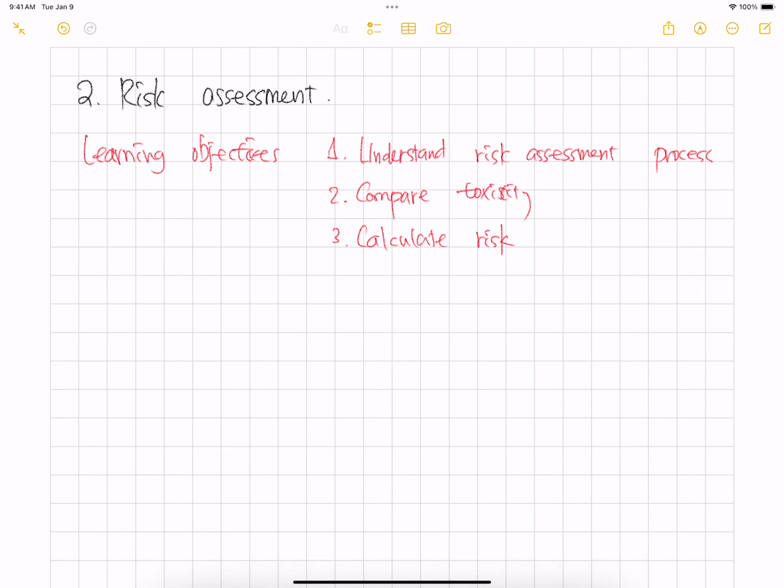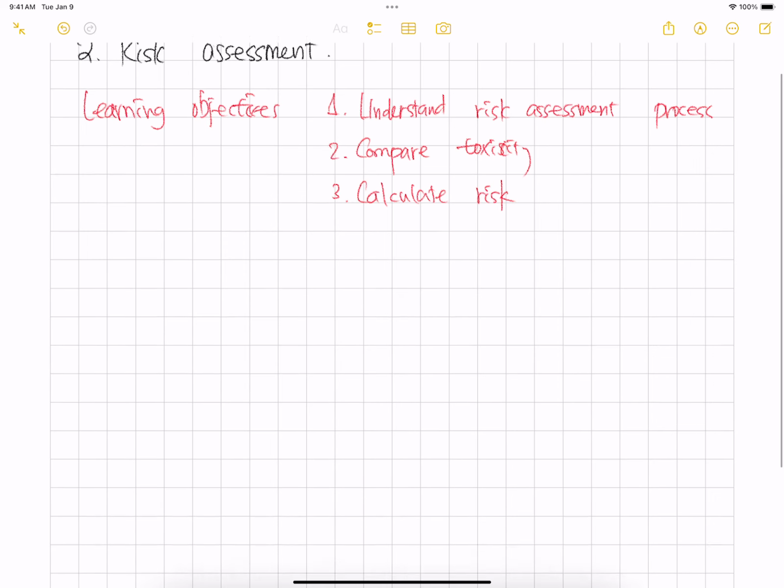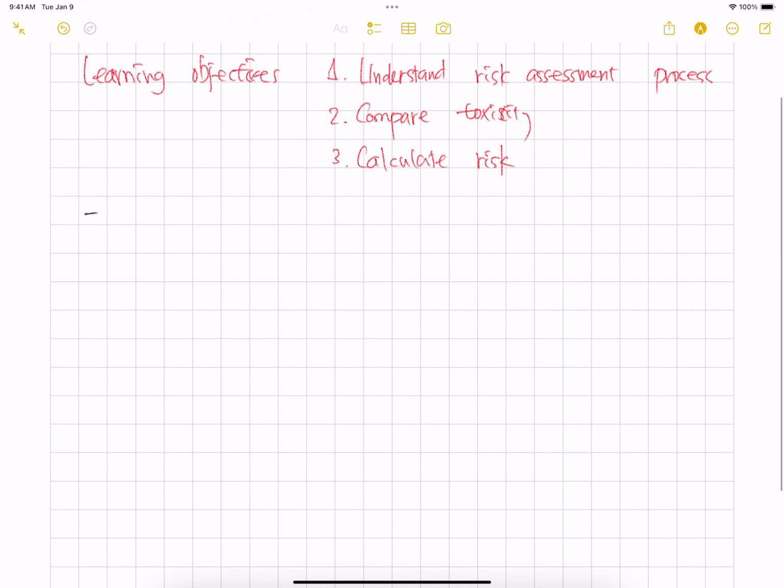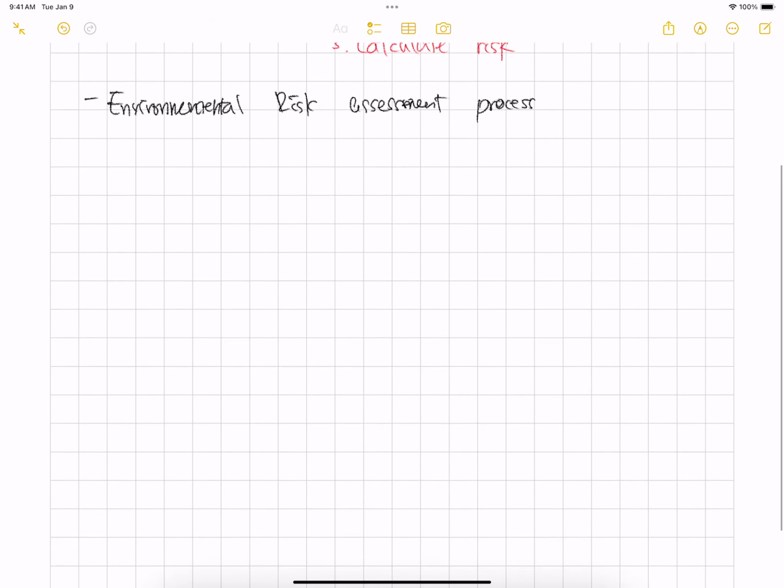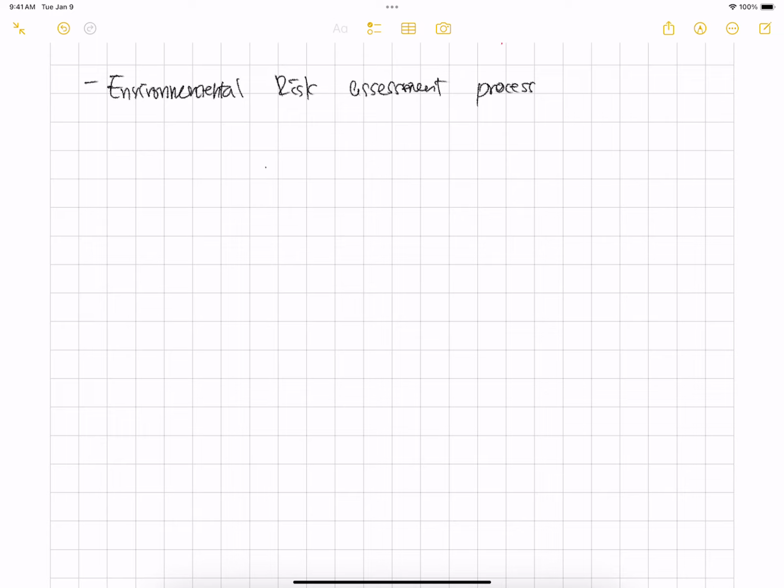All right. So, in environmental engineering, the risk assessment process includes, first, we need to identify hazard. Hazard identification is the first step.